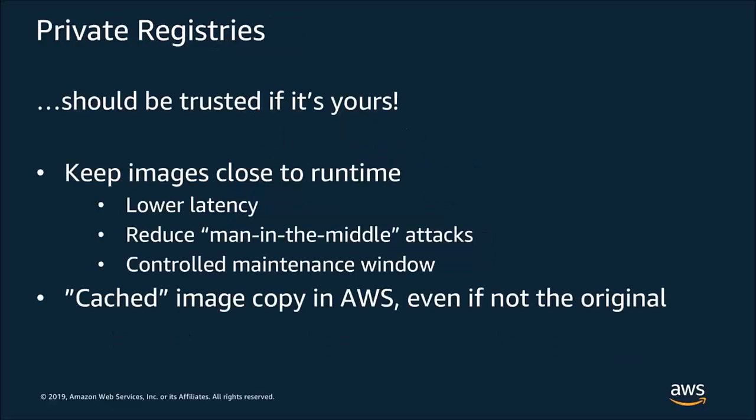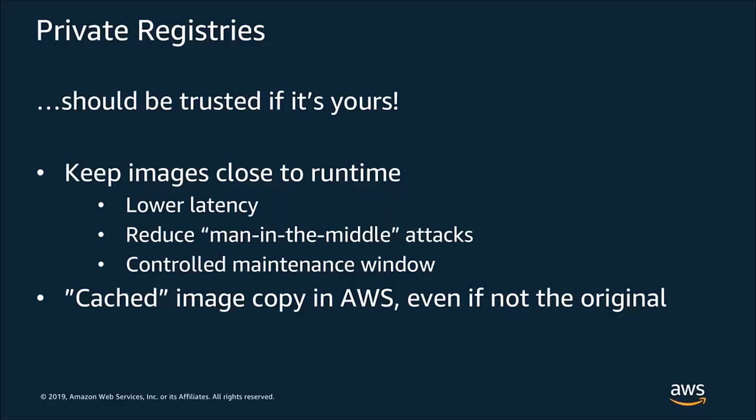Private registries can be trusted as long as it's yours or you trust who owns the private registry itself. These are important for making sure that you have a copy of your container image that's very close to a runtime. This helps to eliminate things like man-in-the-middle attacks or possibly trying to change the container image on the path.